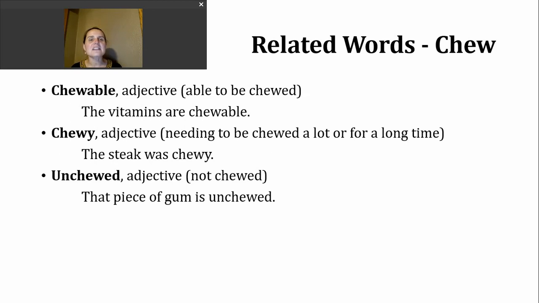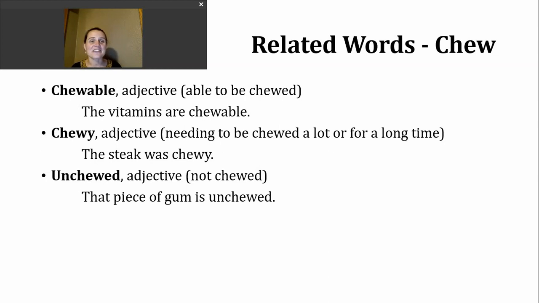You might hear this adjective used to describe medication, particularly when it's meant for small children who might not be able to swallow a whole pill all by themselves. Here's another example. The vitamins are chewable. Again, really common if the vitamins are meant for children.